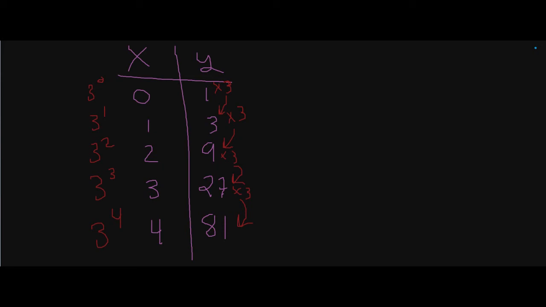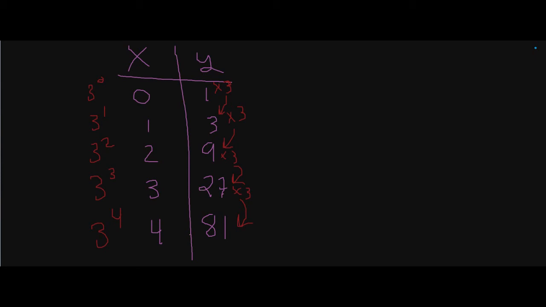So if we look here, this is the pattern that we have. We're basically multiplying by 3 every time, or we're increasing our exponents by 1 every time. 3 to the 0 is 1, 3 to the 1 is 3, 3 squared is 9, 3 to the third is 27, and 3 to the fourth is 81.